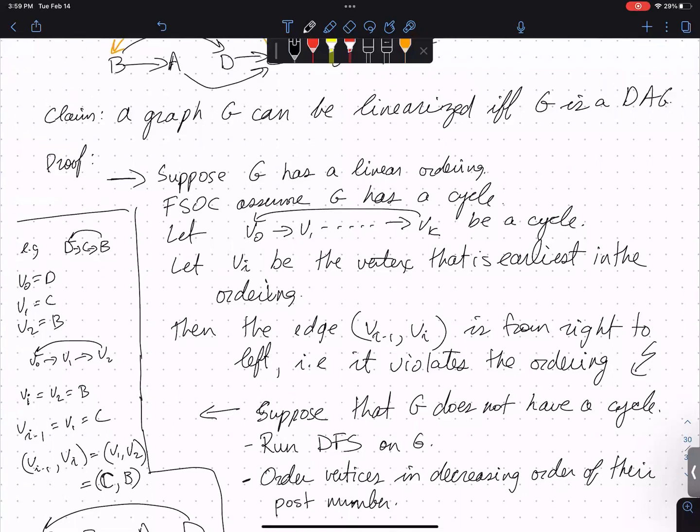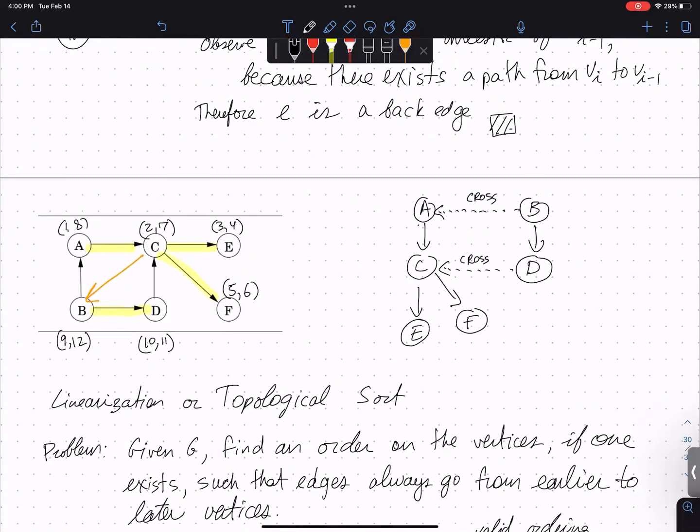Let's do an example. Let's take our example here.